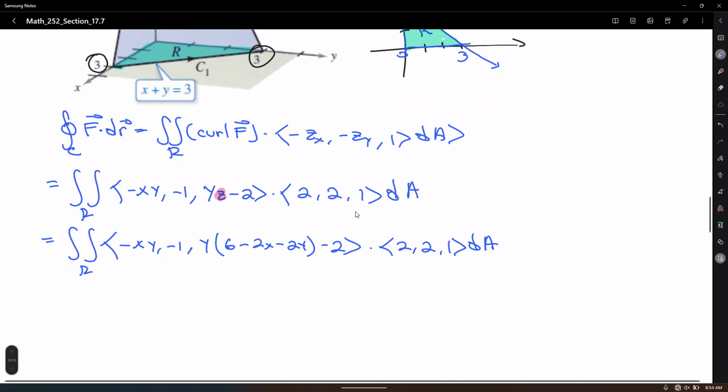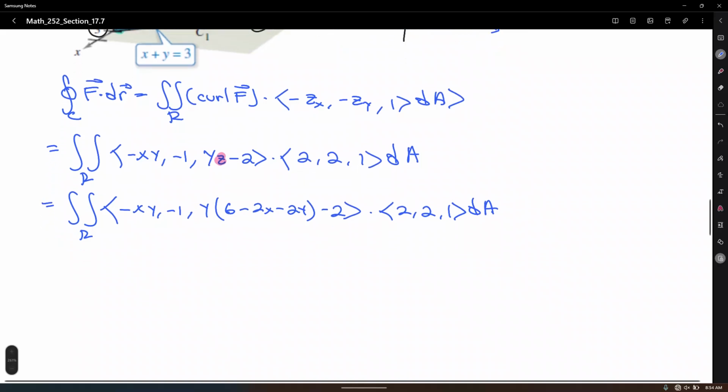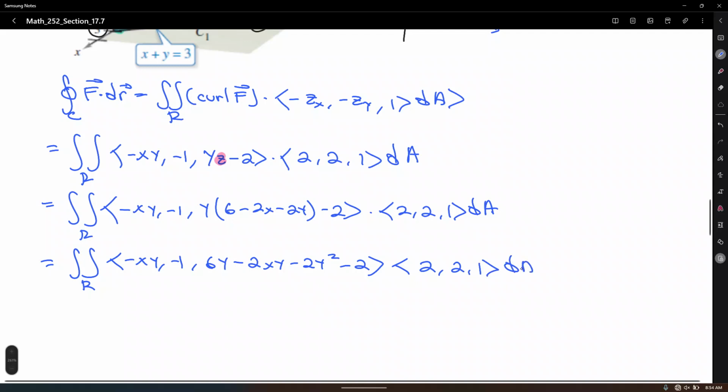Yes, we will have to distribute the y and combine like terms if applicable. We'll see about it in a second. So this will be the double integral over the region R of negative xy, negative 1, 6y minus 2xy minus 2y squared minus 2. Nothing to simplify any further. Dotted with 2, 2, 1, dA.